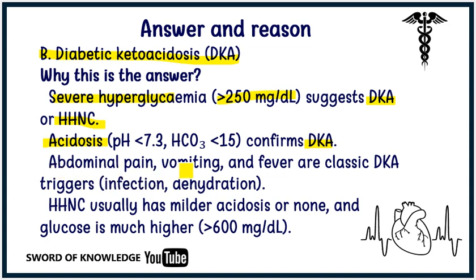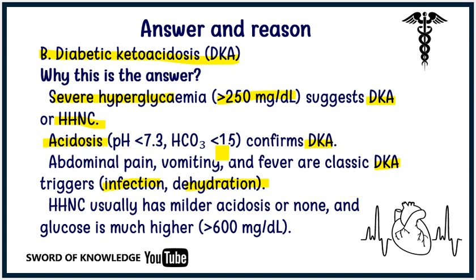Moreover, the patient has abdominal pain, vomiting, and fever that suggest an infection, and infection is a triggering factor for DKA. Dehydration is basically associated with HHNC. Confusion is there, but infection is a triggering factor for DKA.